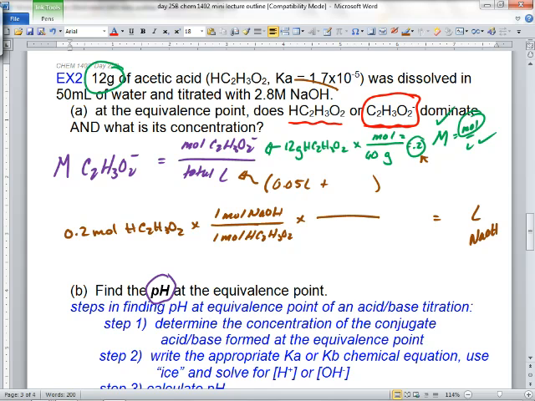Yeah, now we're ready for this. The big M of NaOH. 2.8 moles of NaOH per liter, but the moles had better go on the bottom, otherwise it's not going to work. All right, so it's pretty much just 0.2 over 2.8. 0.071 something. So that goes up here.